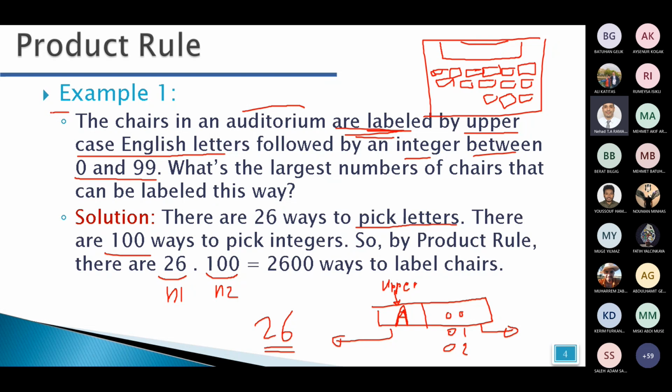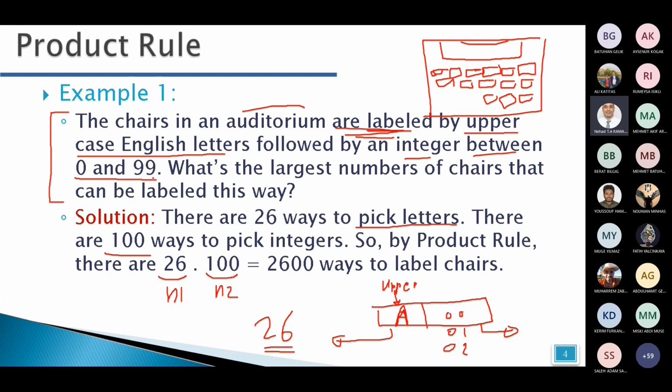Okay, we can ask the same question in a different way. For example, what's the maximum number of chairs we could have in this hall with different labels, if the labels contain one uppercase letter in English followed by an integer between 0 and 99? Same question, same answer.